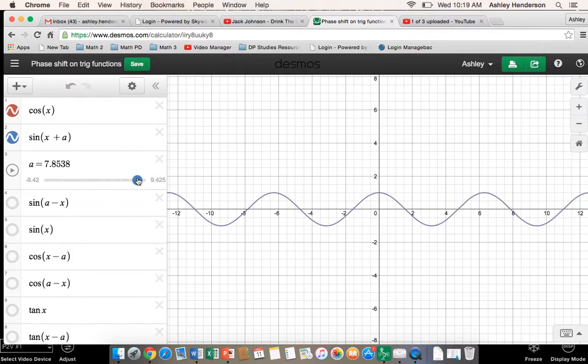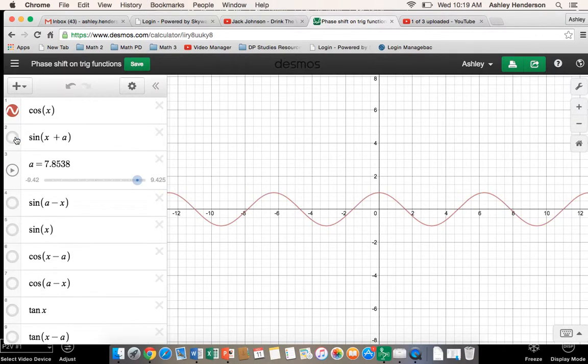Why is that? So answer that question. Why is it that x plus pi over 2 is going to be equivalent to cosine? And why is it equivalent that x plus 5 pi over 2 is equivalent to that? So I want you to think about why those two things line up and respond to that question.